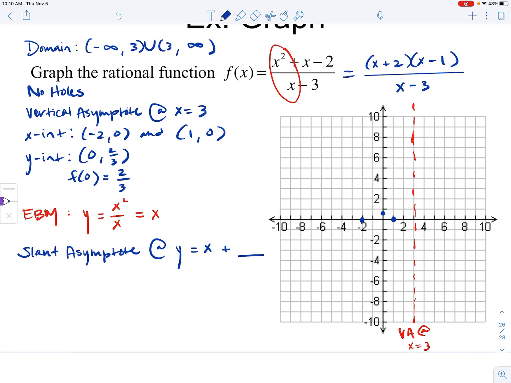That plus something will identify what the y-intercept would be. And to determine what that plus something is, we need to do polynomial long division to rewrite the function.